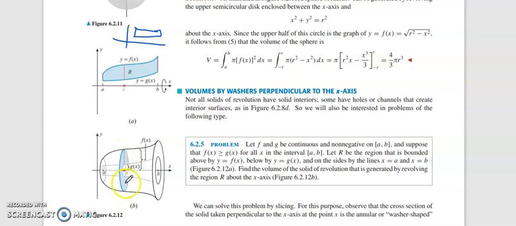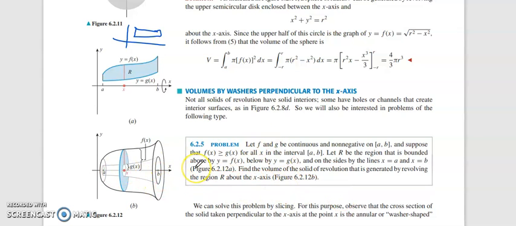The cross section is circular in shape, but there is a hole in between. So that structure is basically a washer. In volume by washer, you will get a hollowed structure. Again here we will be using volume by slicing to find the volume.